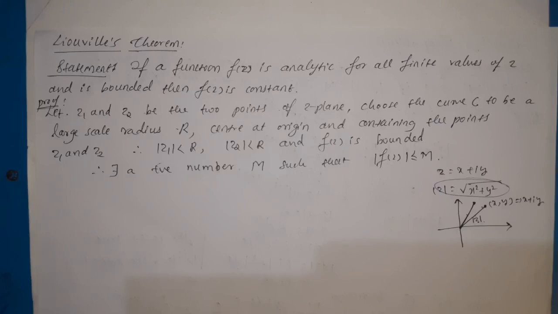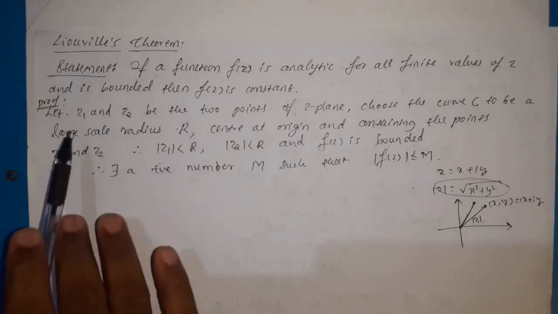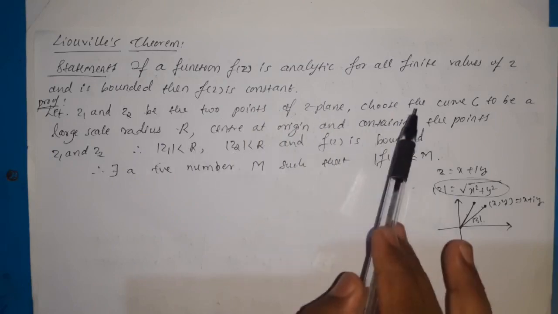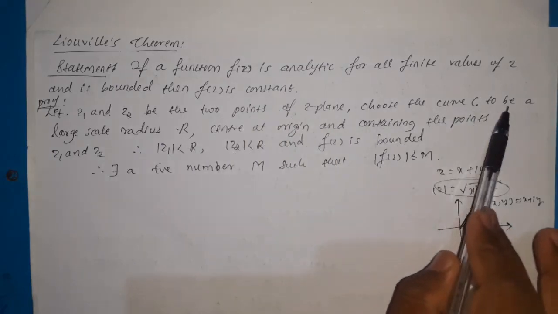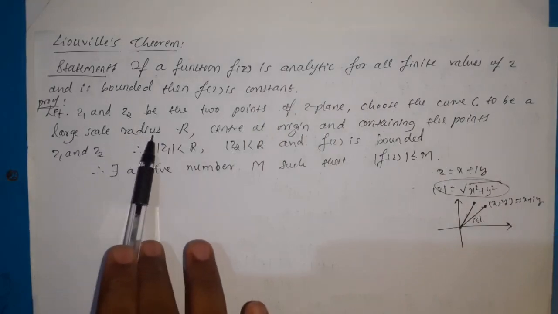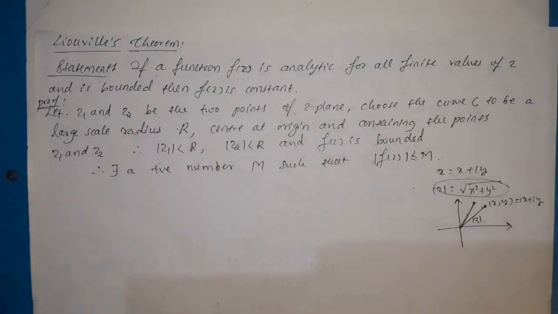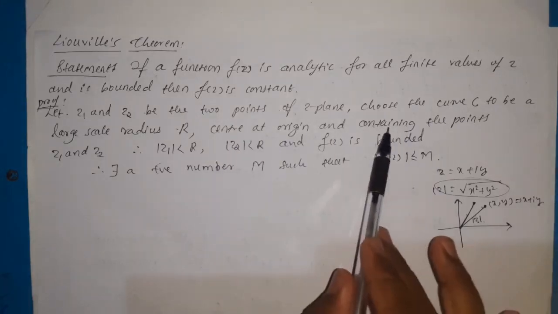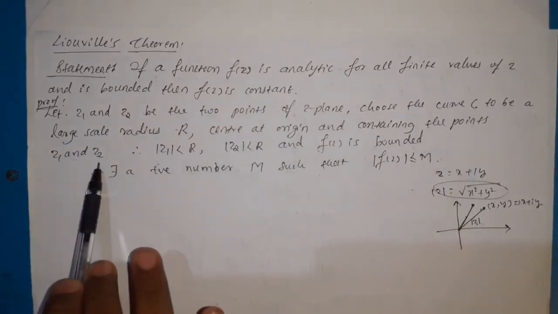For that we consider two arbitrary points in the z plane, the complex plane. Let z1 and z2 be two points of the z plane. Choose the curve C to be a circle of large radius capital R, as large as possible, with center at the origin, containing the points z1 and z2.